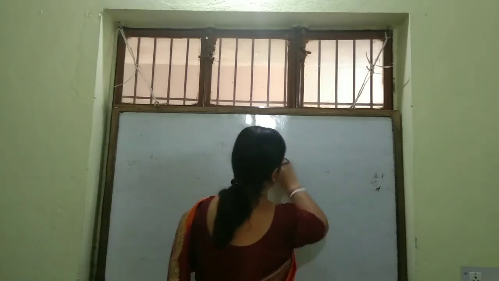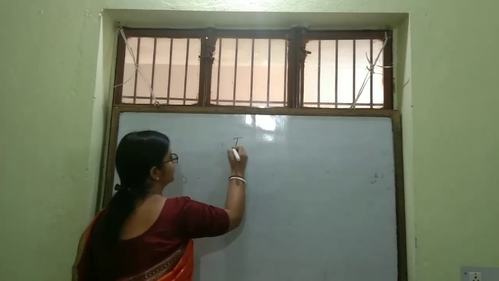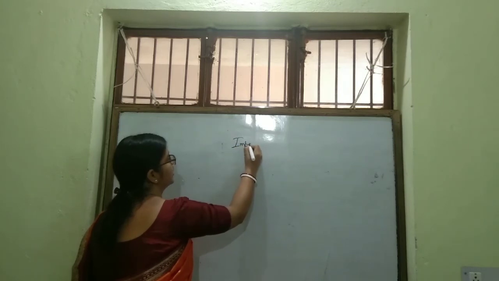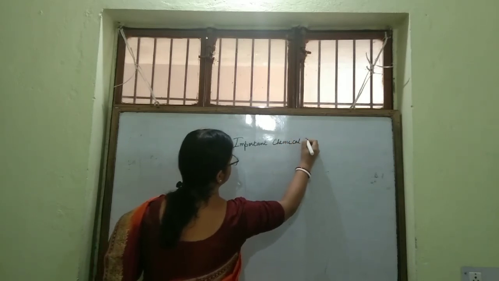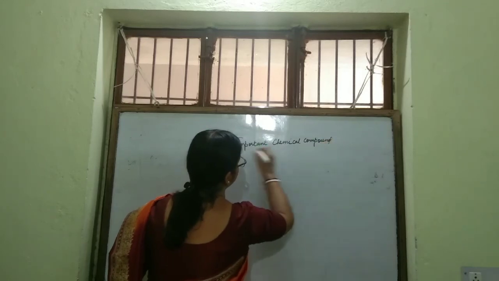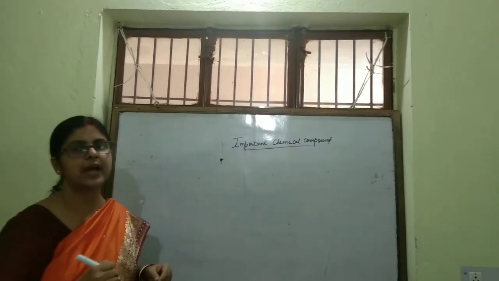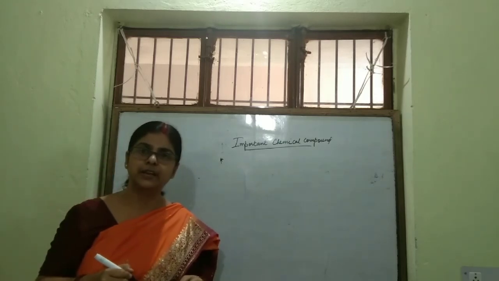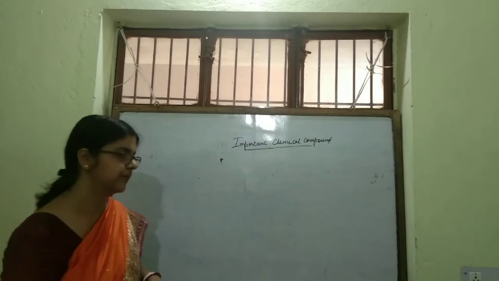Now we'll deal with some important chemical compounds. It is very important to study the common name, chemical name and chemical formula. So first of all I am writing this only.